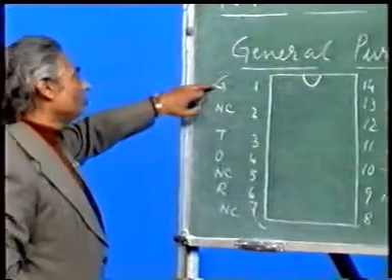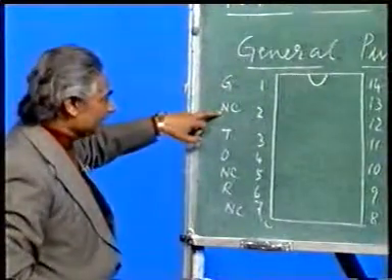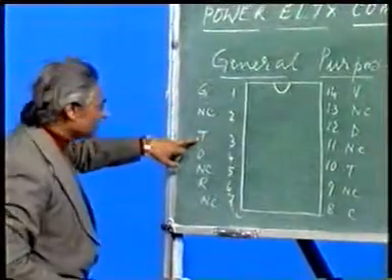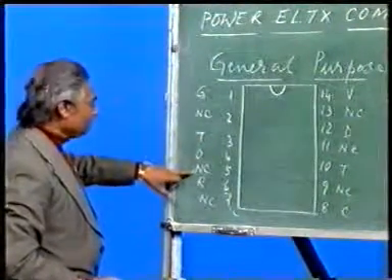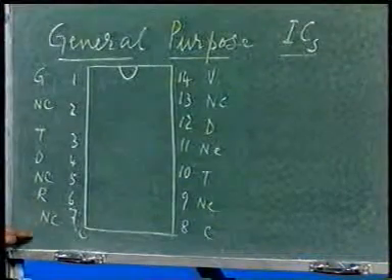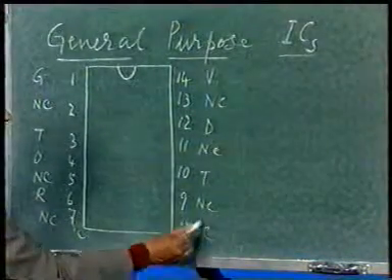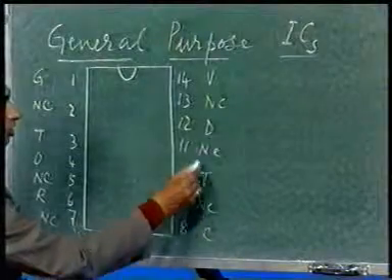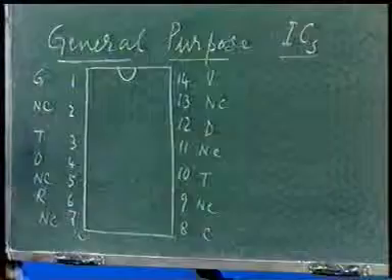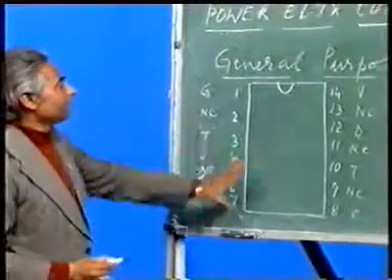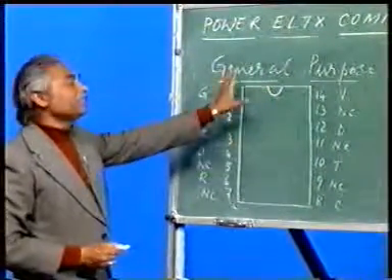G stands for ground, NC means no connection, T stands for trigger, O is output, NC no connection, reset, then control, threshold, discharge, and VCC, each with no connection between them. So these are the terminals which you have in a 14 pin IC.